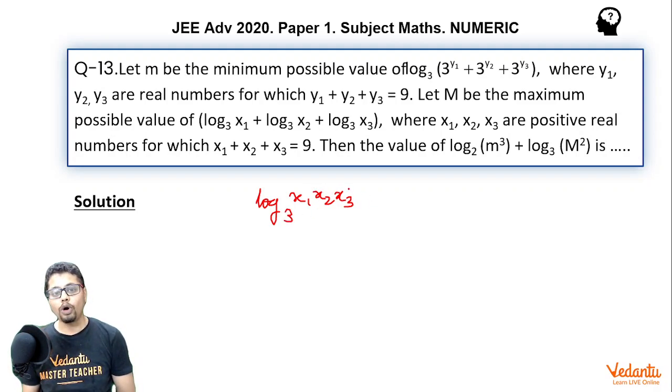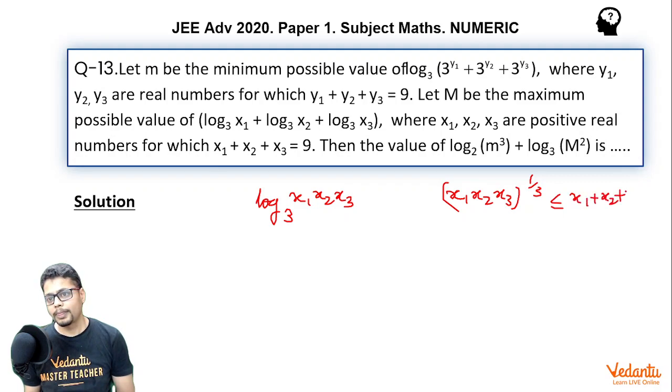Now, if I can comment upon the maximum possible value of x1 x2 x3, I would get this value capital M. So here, if I use AM greater than or equal to GM, or you may say GM less than or equal to AM, I would get x1 x2 x3 less than or equal to ((x1 plus x2 plus x3) by 3) cubed, which is 9 by 3 is 3, 3 to the power 3.